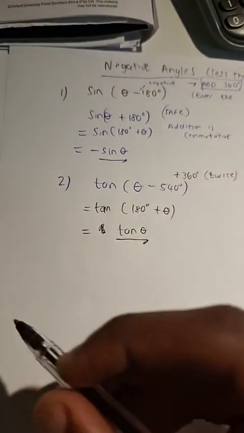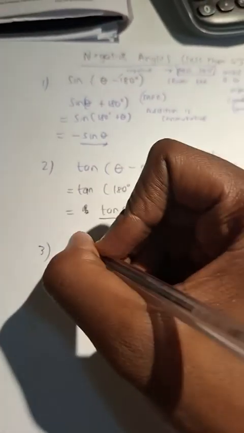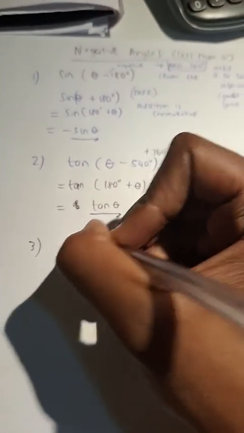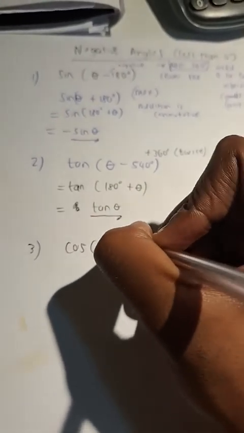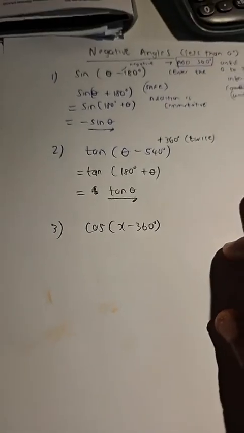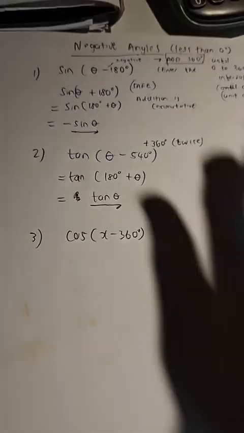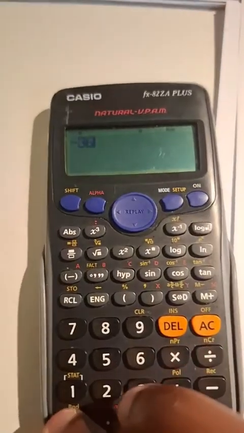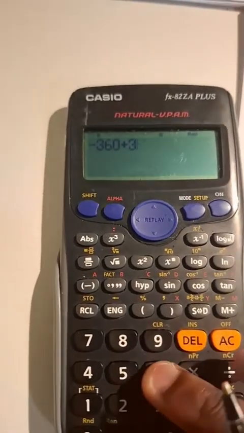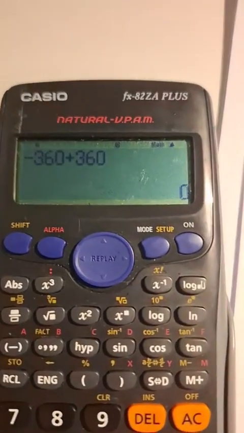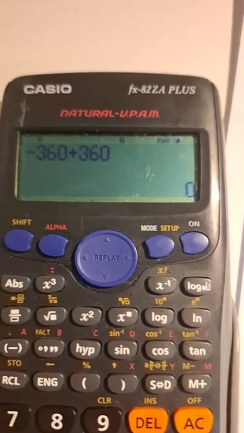Okay, so Presh, let's take your example. Let's say, for instance, it was cos of x minus 360. So this one, all you do, like you said, is add 360 inside. What does that give us? 0.